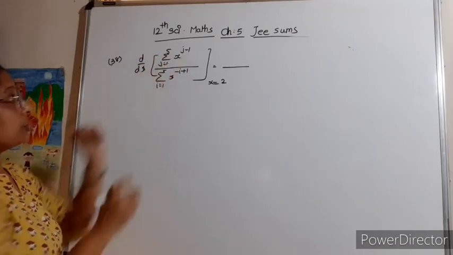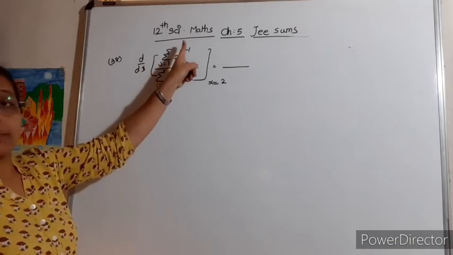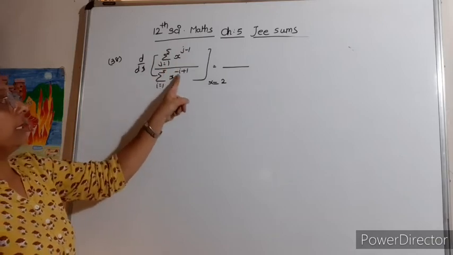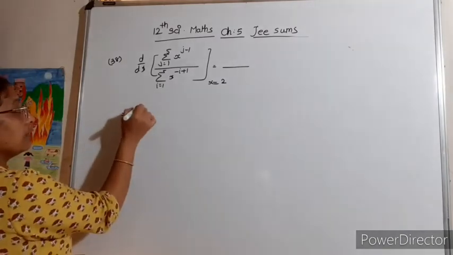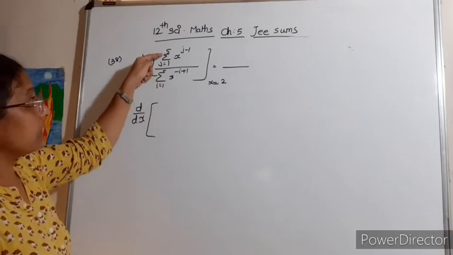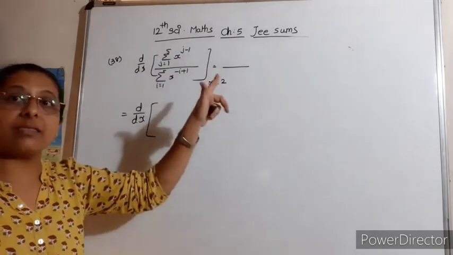Here j is equal to 1 to 5, x to the power j minus 1, i equal to 1 to 5, and here minus i plus 1 power is given. So first we'll simplify the terms and then find the derivative. Now it is summation is there, so we'll write j from 1 to 5 here and add the terms.